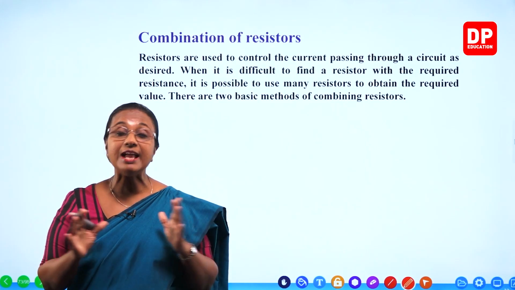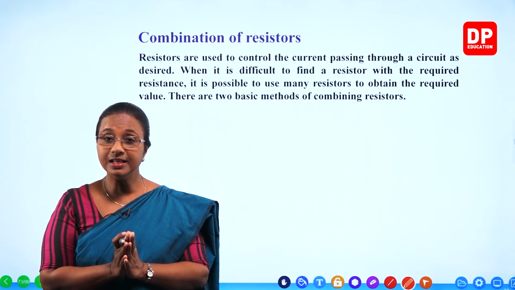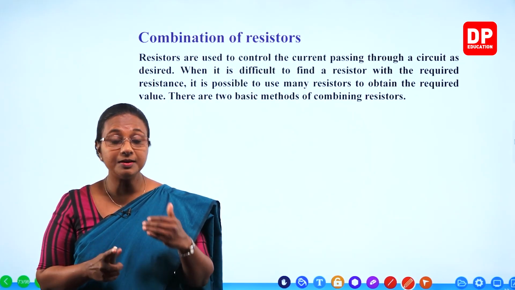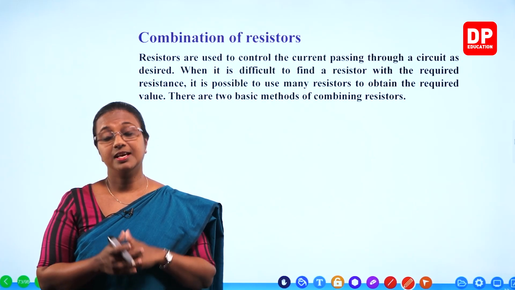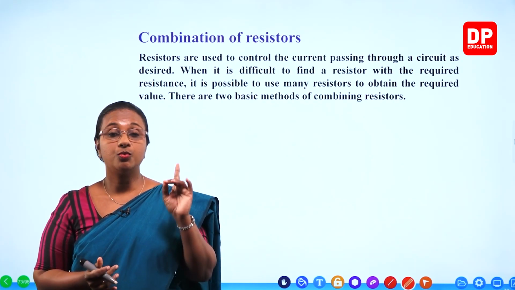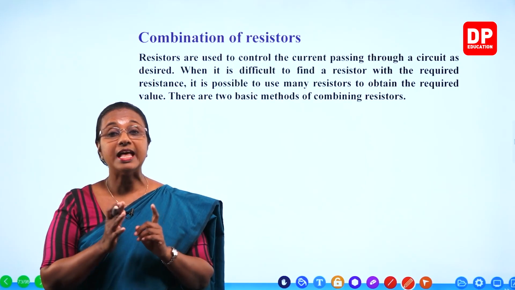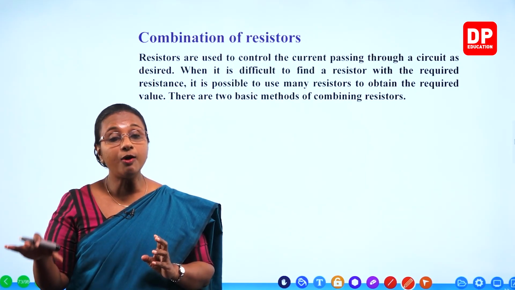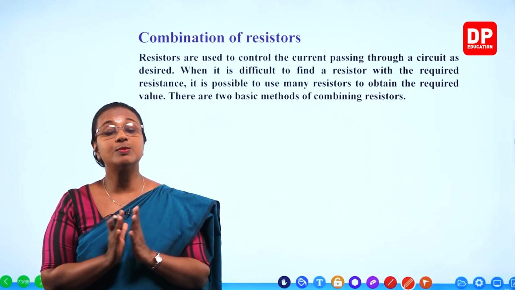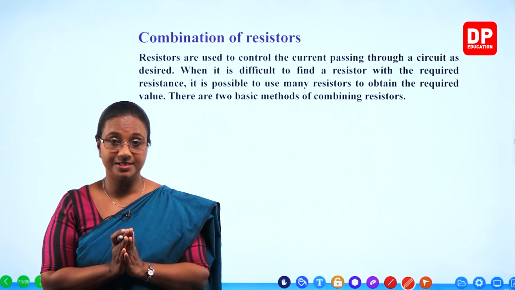When more than one resistor is combined, the value that comes out as the combination of resistors is what we call the equivalent resistance. So one resistance value that is equal to the output of all the resistors connected in a circuit is what we call the equivalent resistance.